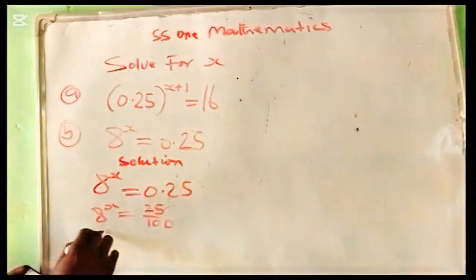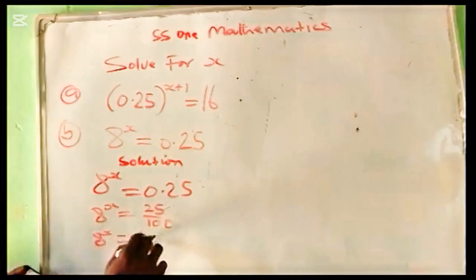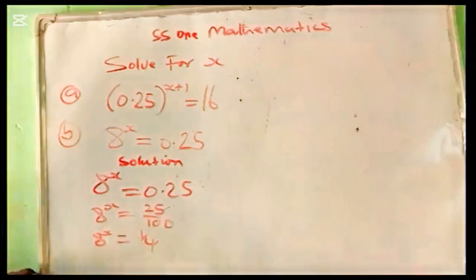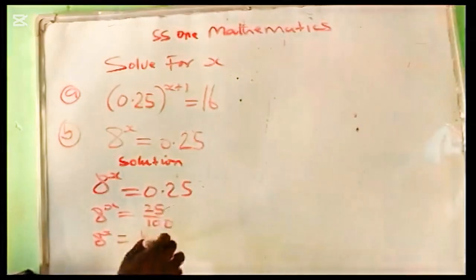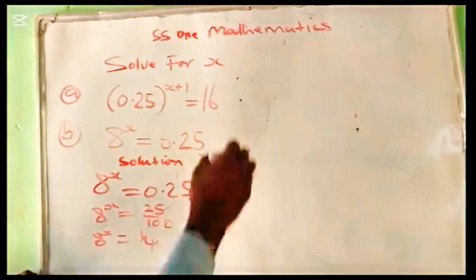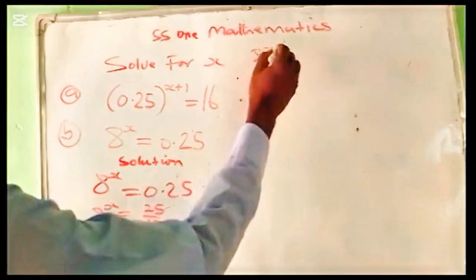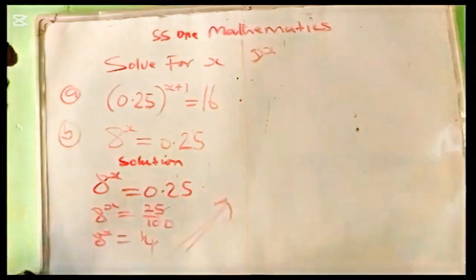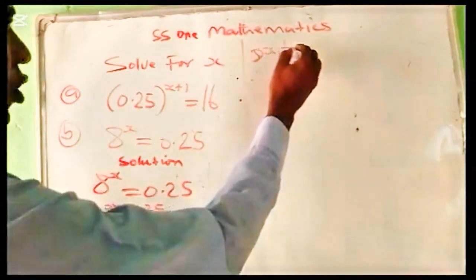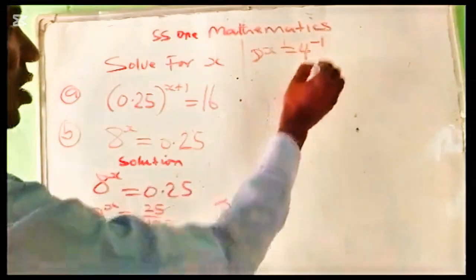So we can also reduce it to 1 over 4. Then let's take it to this side. 8 raised to x is equal to 4 raised to power -1, as we did before.